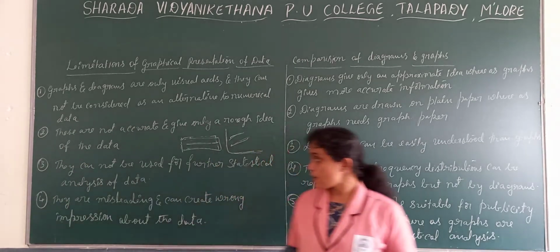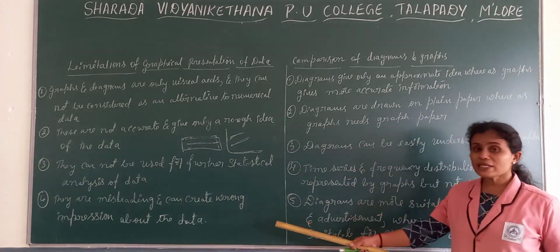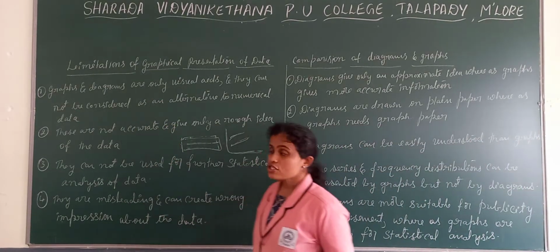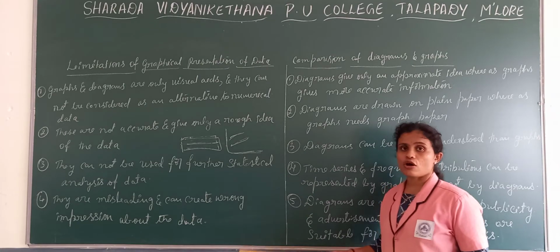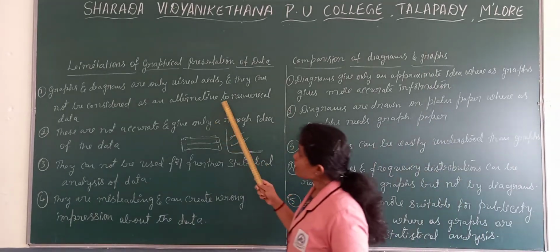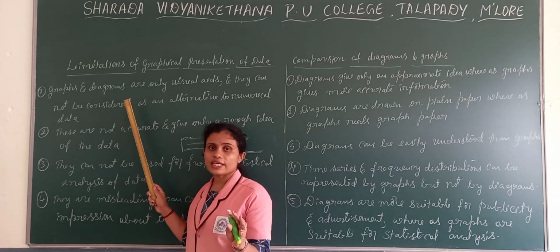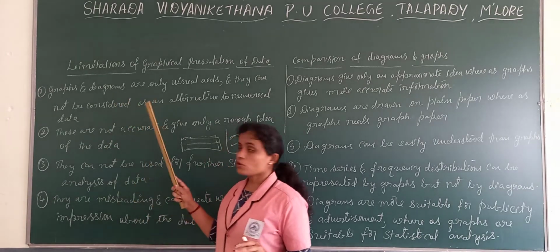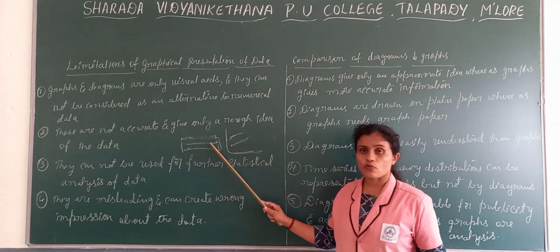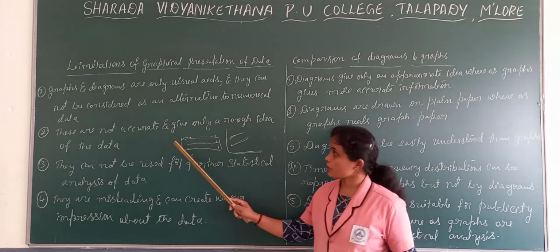These four are mainly what they have given in the textbook as demerits or limitations of diagrams or graphical presentation. One, it's just a visual aid to understand, but we cannot consider it an alternative to the tabulated information.